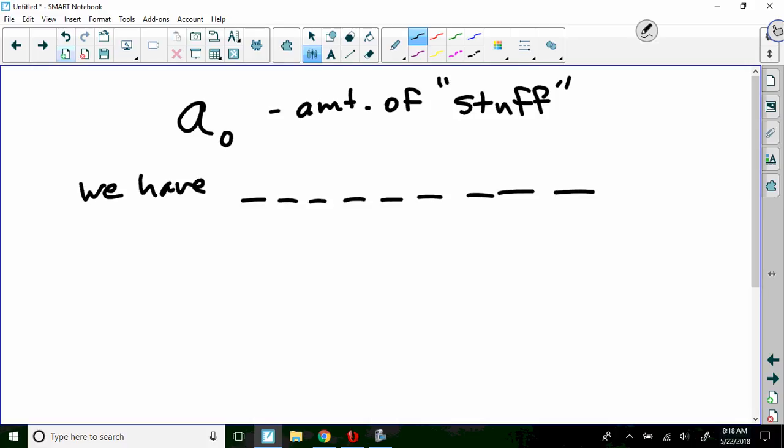Let's see if we can figure this word out. That's the amount of stuff we have when? When time is 0, when no time has expired, when we start off the thing, when we begin the model, the moment that the model begins. There's a word I'm looking for here. It starts with a vowel.